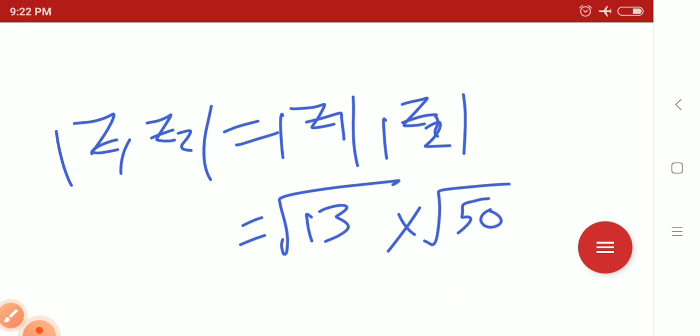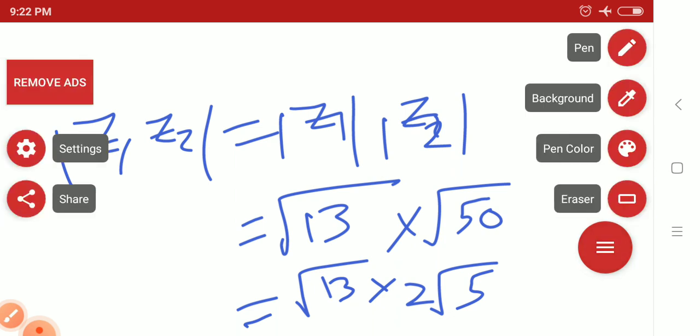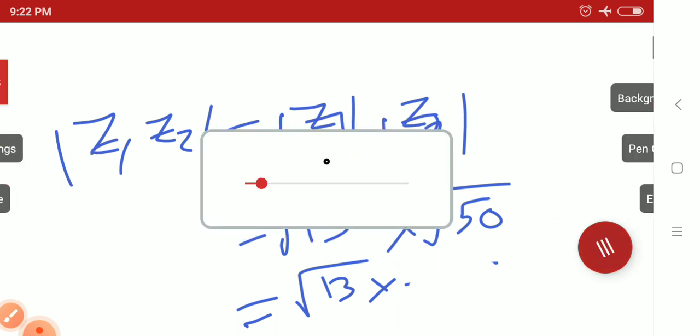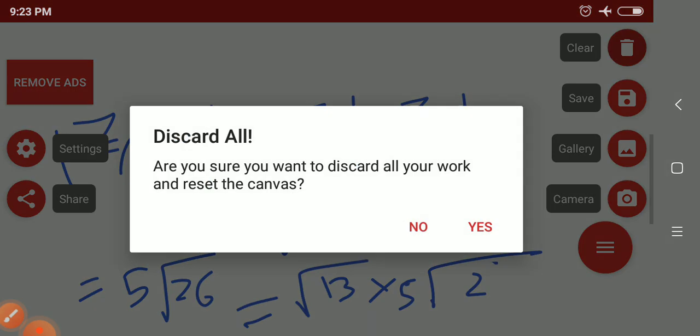So we can write it as root 13 into 5 root 2. So we can write the value of this modulus as 5 root 26. Okay. Second question. Let's discuss the second question.